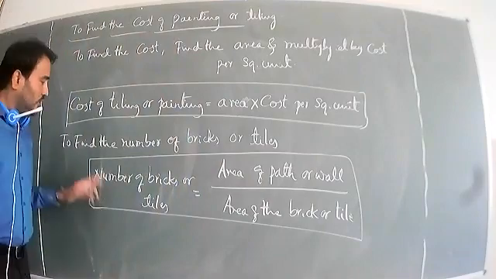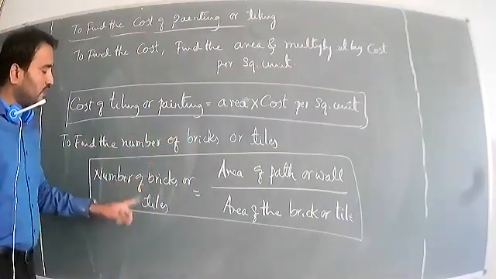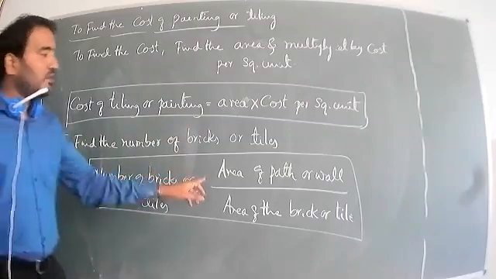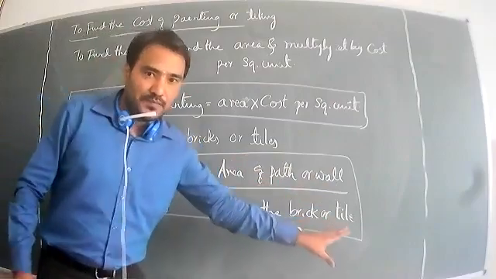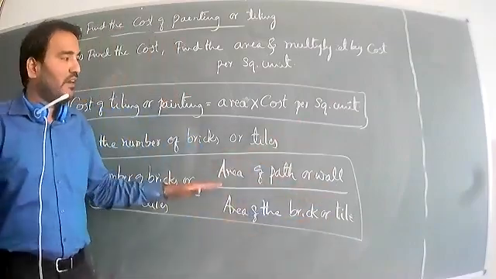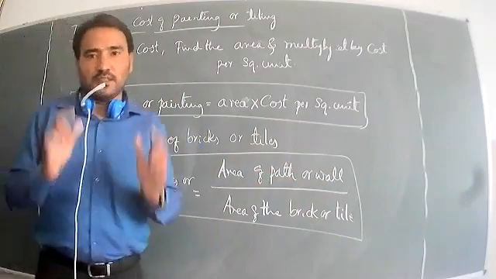So for questions to find the number of bricks or tiles, the number of bricks or tiles equals the area of the wall or path divided by the area of the brick. You find both areas and divide them to get the answer.